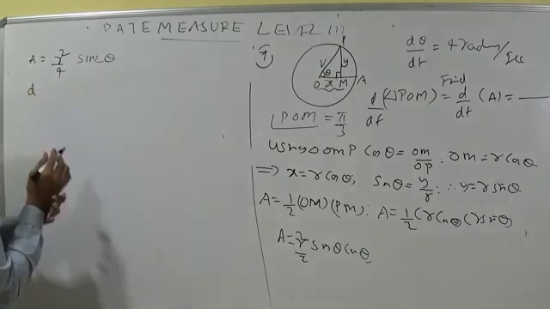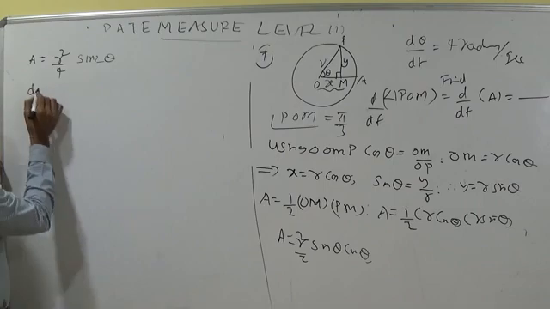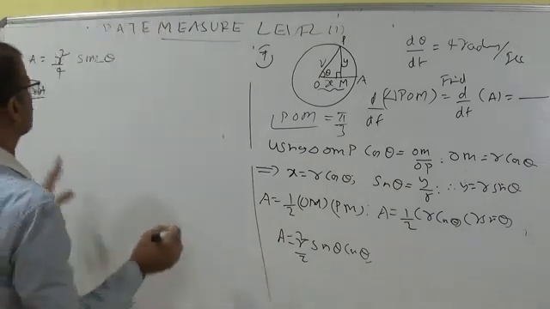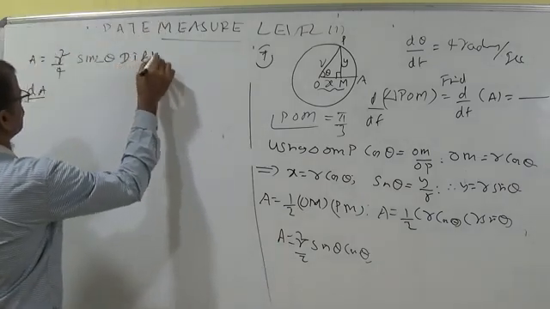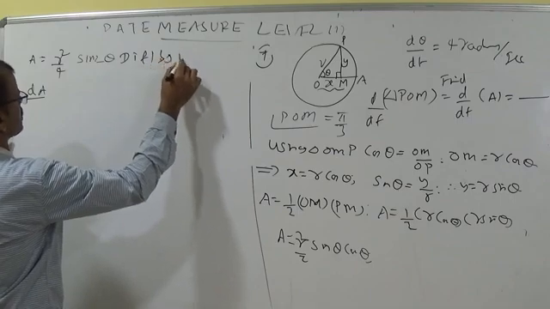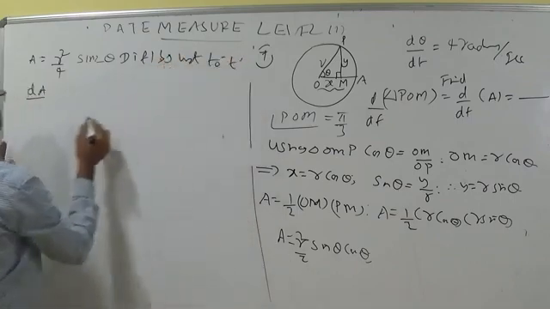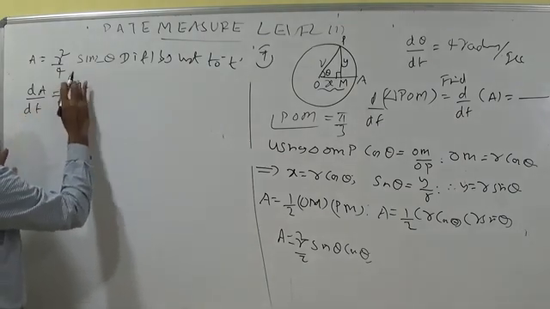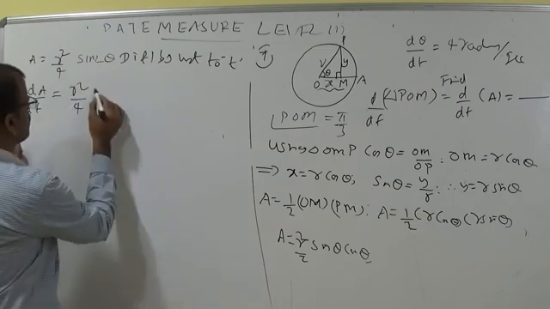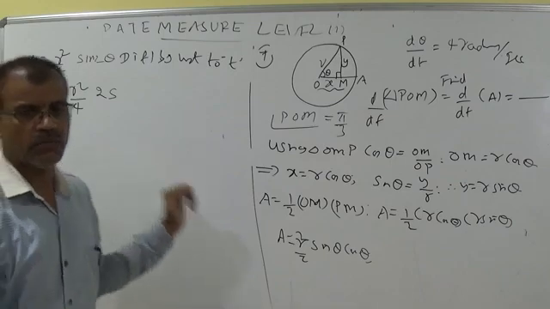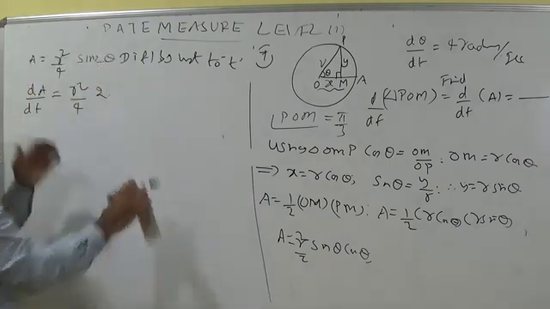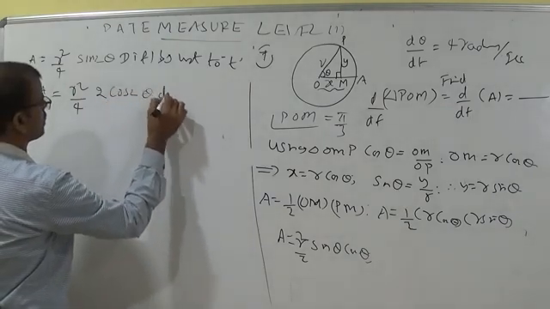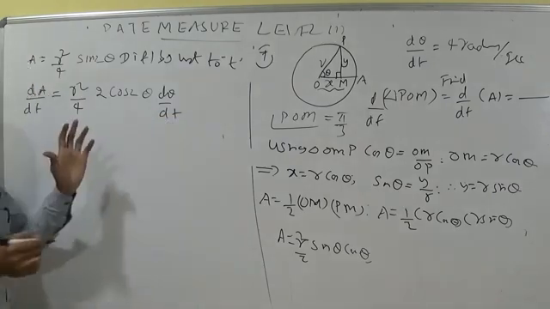Now we can calculate dA by dt. Differentiate both sides with respect to time. dA by dt is equal to R square by 4 into the derivative of sin 2 theta, which is cos 2 theta, and the internal derivative 2, so 2 cos 2 theta into d theta by dt.